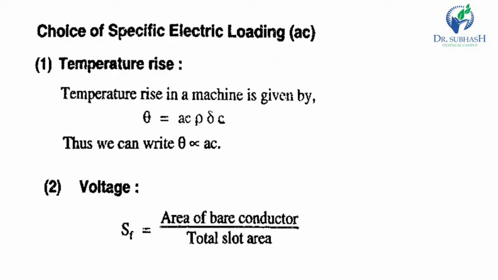AC is equal to Iz into Z, so if AC increases, Iz into Z increases. If the current flowing in the conductor increases, the I square R losses increase, heat is produced and the temperature becomes higher.